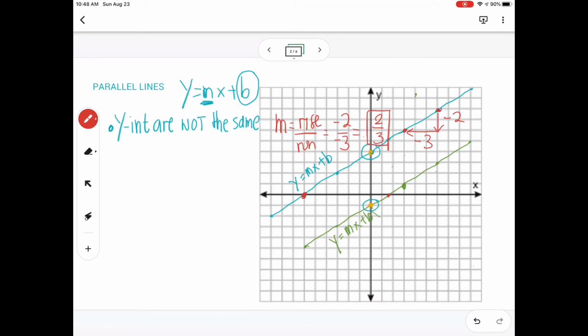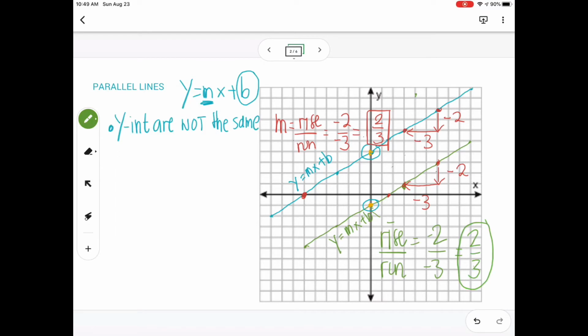What about the slope of the green line? Let's do the same thing. I'm going to walk from this coordinate to this coordinate, creating a 90-degree angle. Remember, you can walk the other way around, making a 90-degree angle, whichever you want. But in this case, I'm going down -2, and then I'm going 3 units to the left, so it's going to be -3. As you can see, for the green line, negative over negative is going to be +2 over 3.